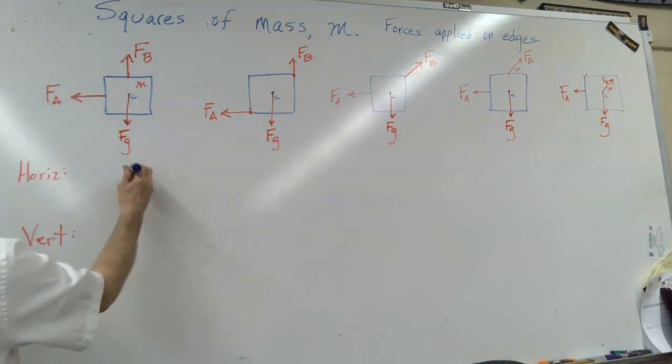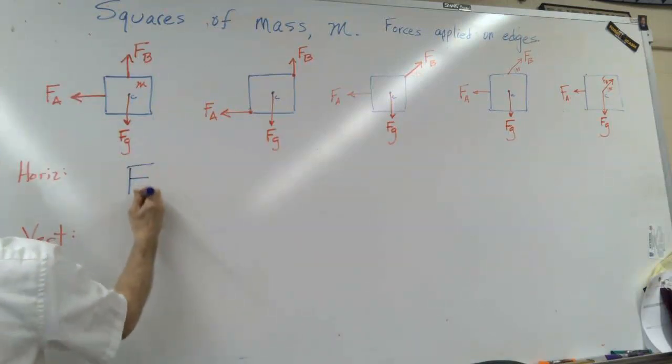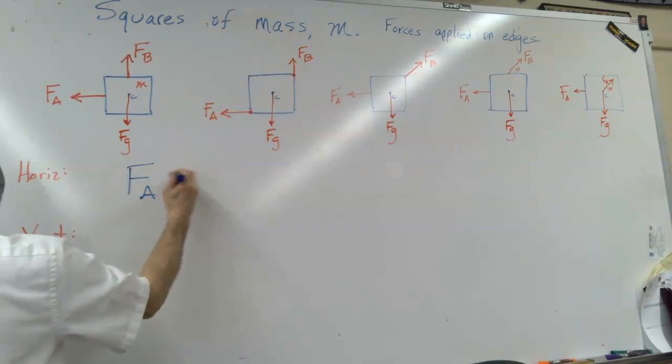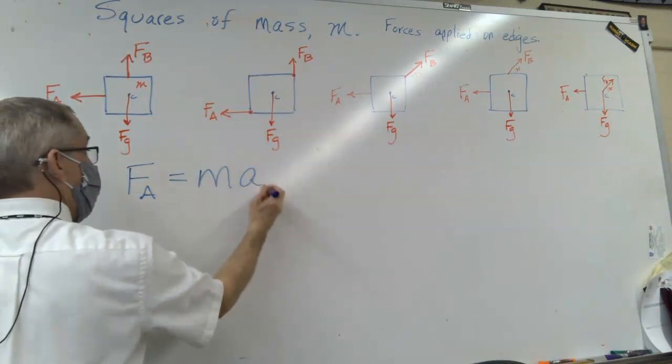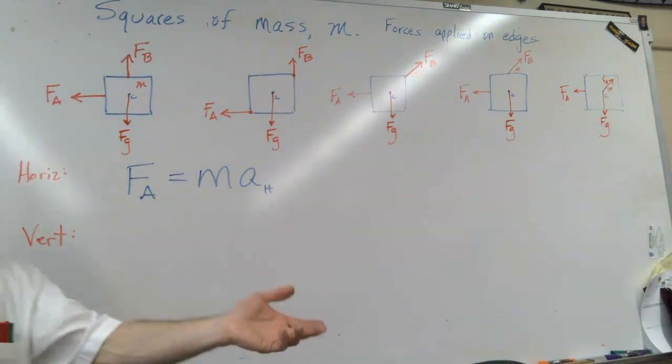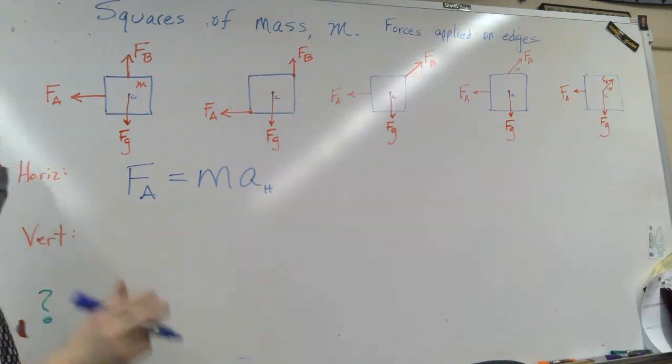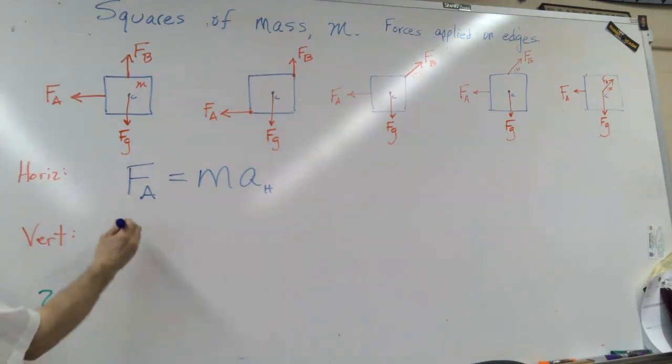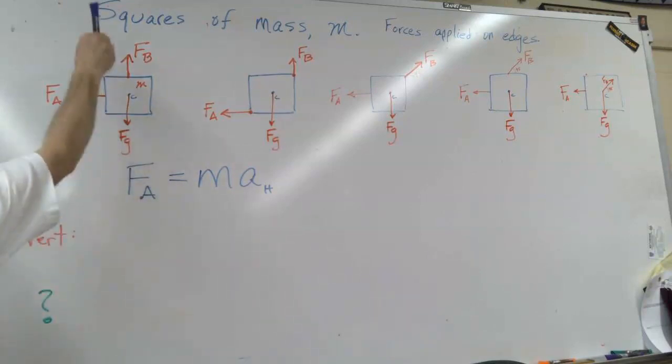So this horizontal, that's our only force, so it is equal to ma. And I'm putting an h subscript on the a because, as we pointed out, there's going to be different accelerations in different directions. And this one, I said up would be positive.